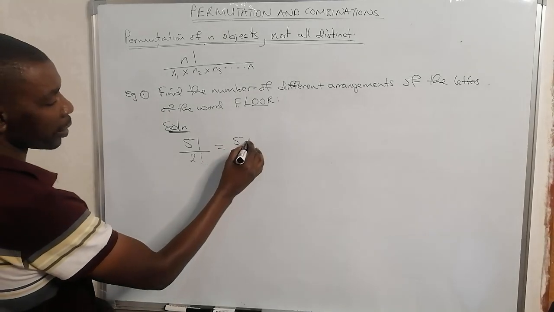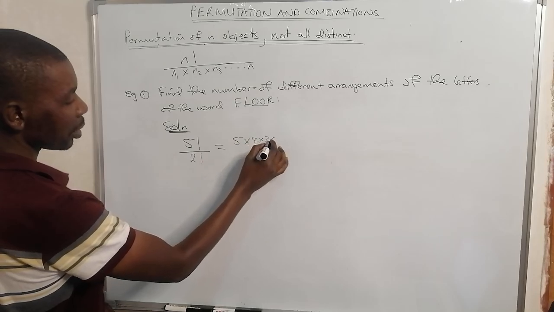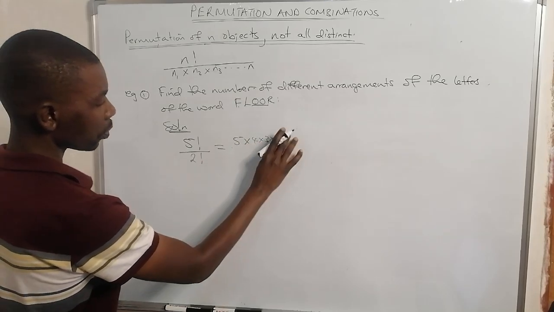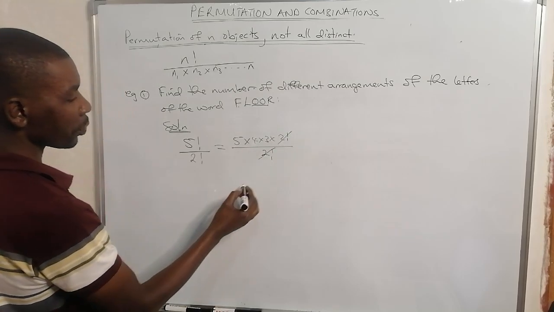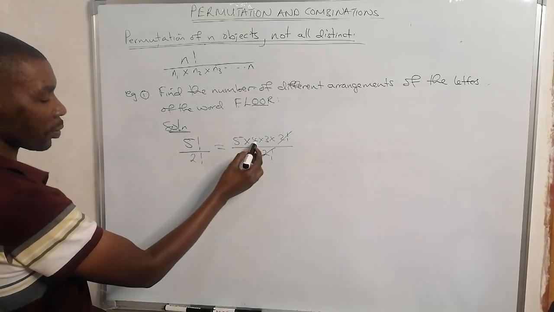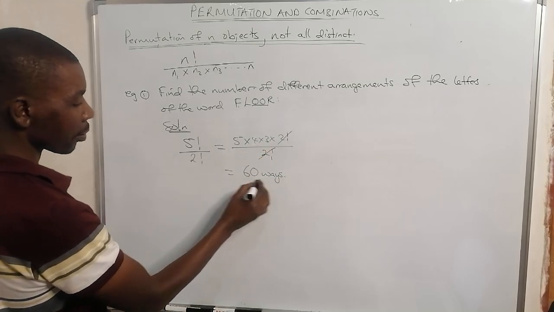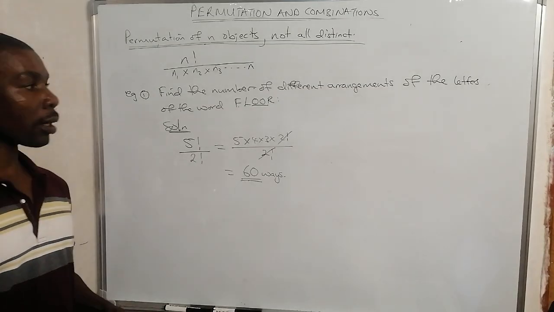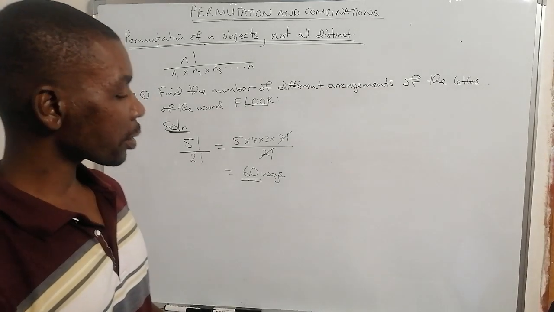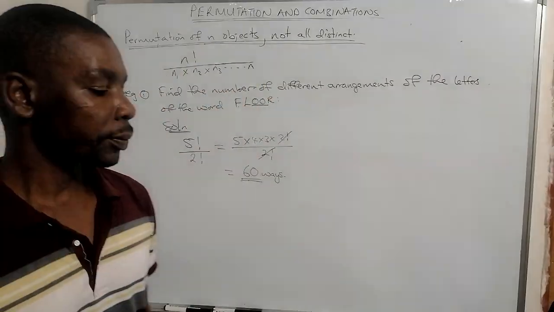This is 5 times 4 times 3 times 2 factorial, all over 2 factorial. Then we cancel 2 factorial and 2 factorial. 5 times 4 is 20, times 3 is 60 ways. So this is how we arrange the letters of the word flow.